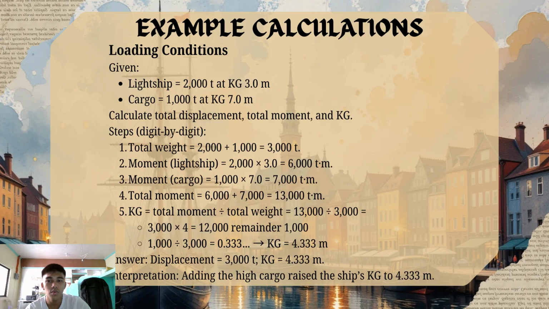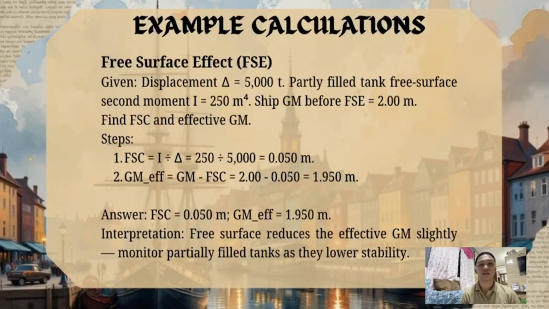So, next example, we have the free surface effect, or FSC. The given is displacement 5,000 tons, partly filled tank free surface second moment of 250 meters, ship GM before FSC is equal to 2.0 meters. Then find FSC and effective GM. So we have the steps. Step 1 is FSC: second moment divided by displacement, 250 divided by 5,000, is equal to 0.50 meters.